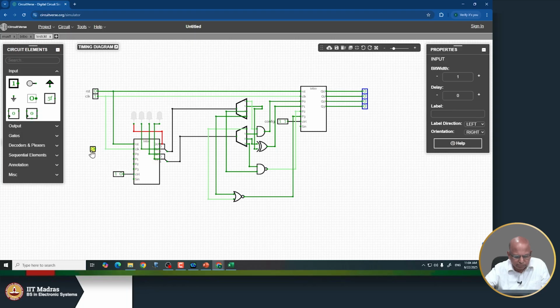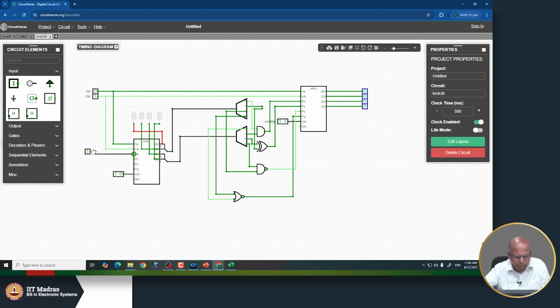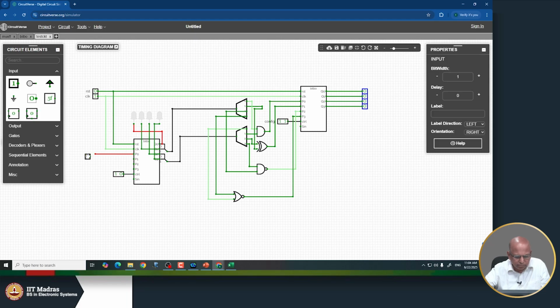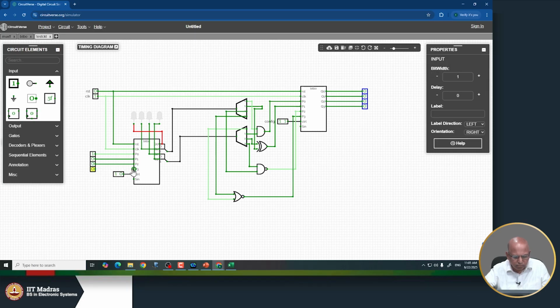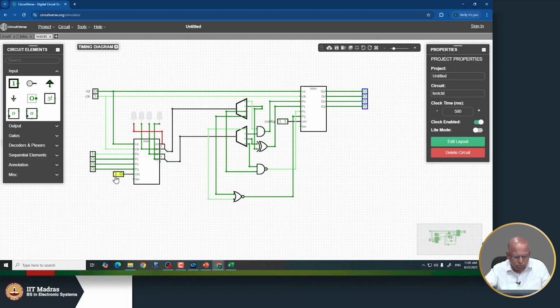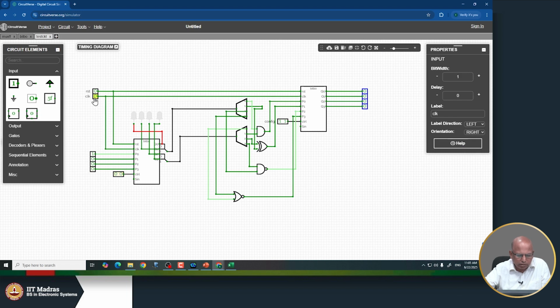To load the seed, I will need. So first go to the parallel in, parallel out mode and then make a clock.